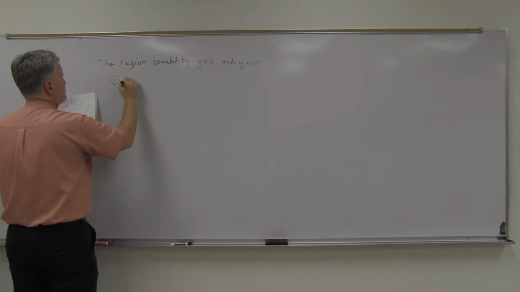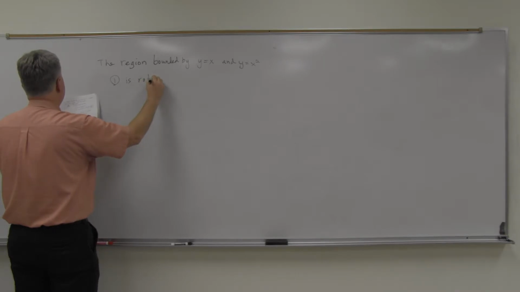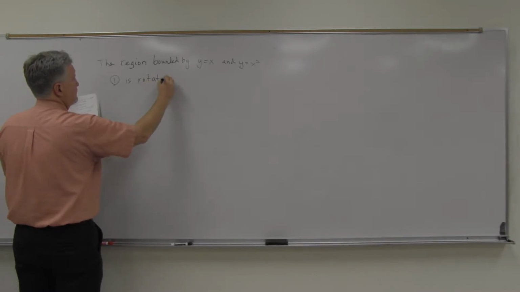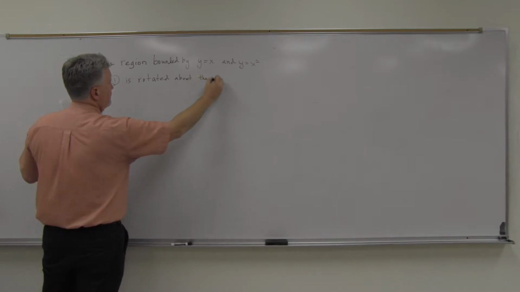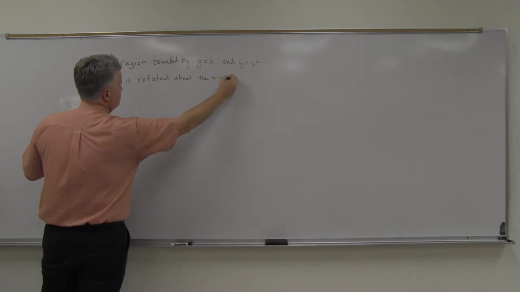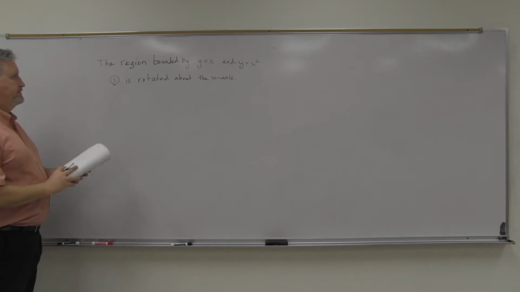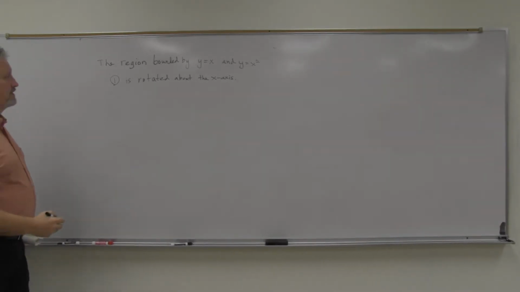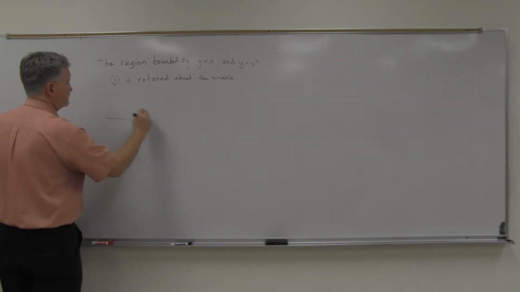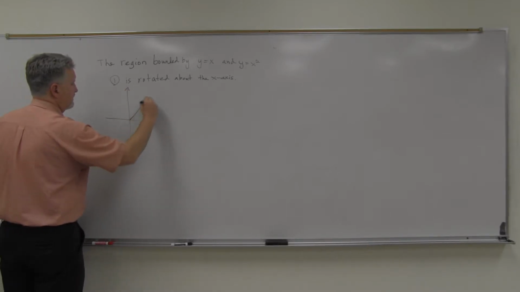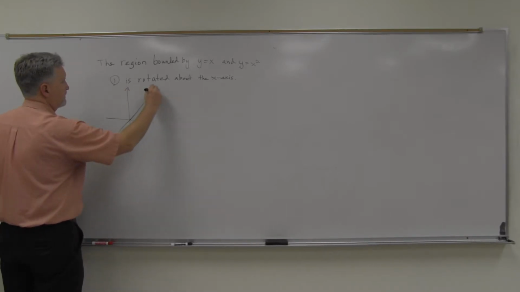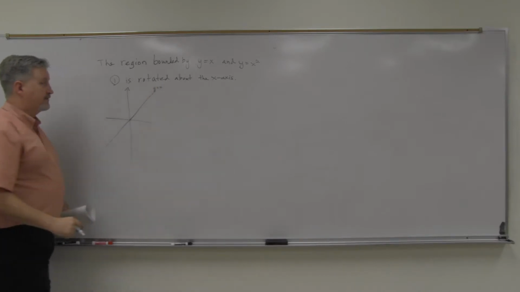Number 1 is rotated about the x-axis. All right, so we want to find the volume there. So we've got y equals x. We know that line looks like a 45-degree line, whatever you want to call it.